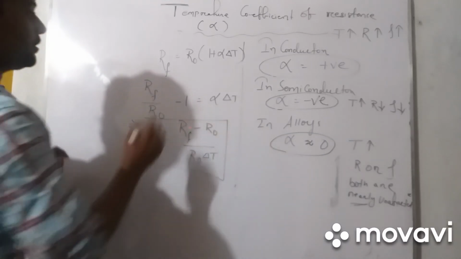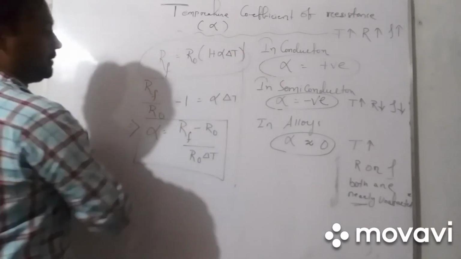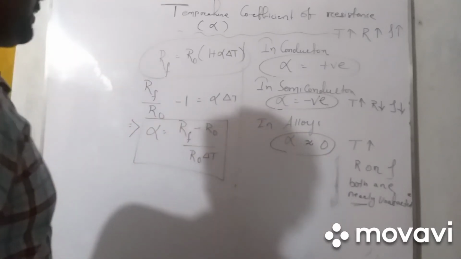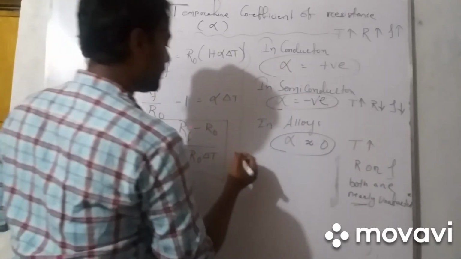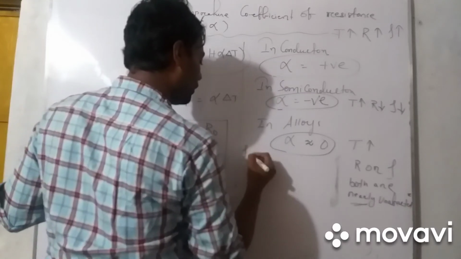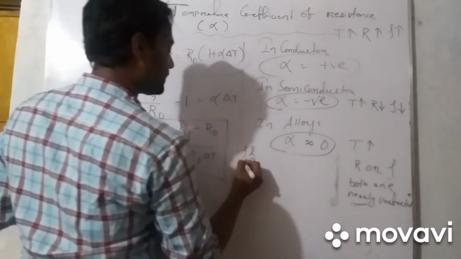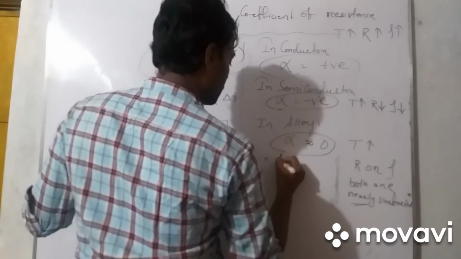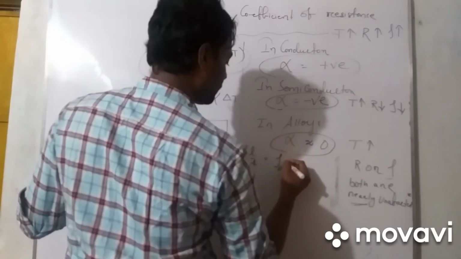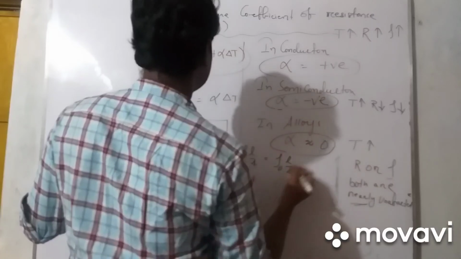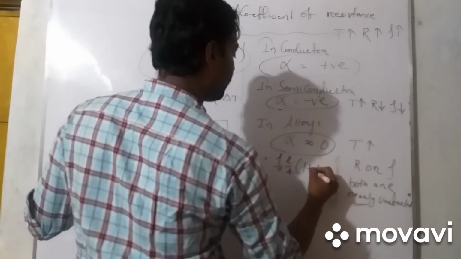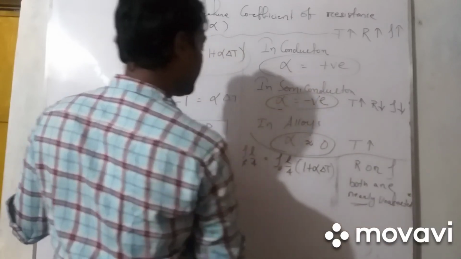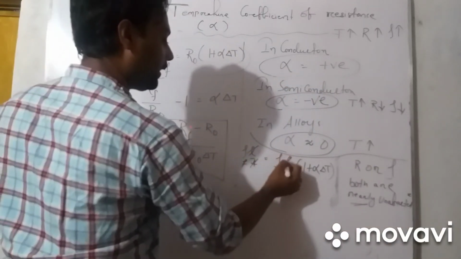Now, this is the formula of resistance. In case of resistivity, the formula is the same. How? R can be represented as rho L by A. That means Rf final is equal to R0, meaning rho 0 L by A, into (1 plus alpha delta T). So L by A cancels out.